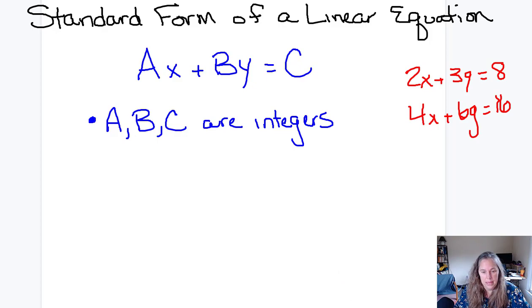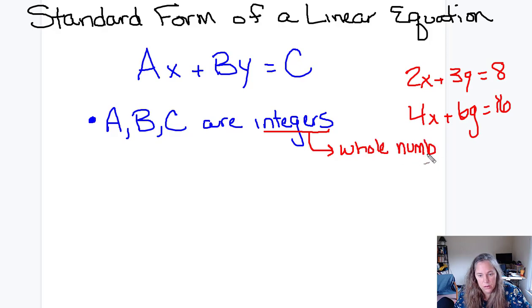Okay, and what that means is they are whole numbers, positive and negative. So what they're saying is you can't have fractions.